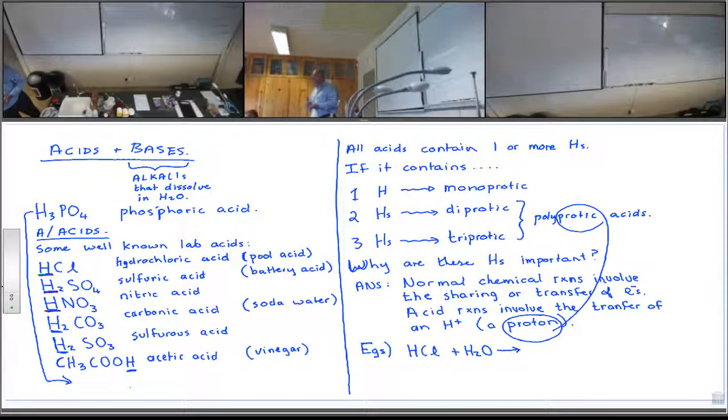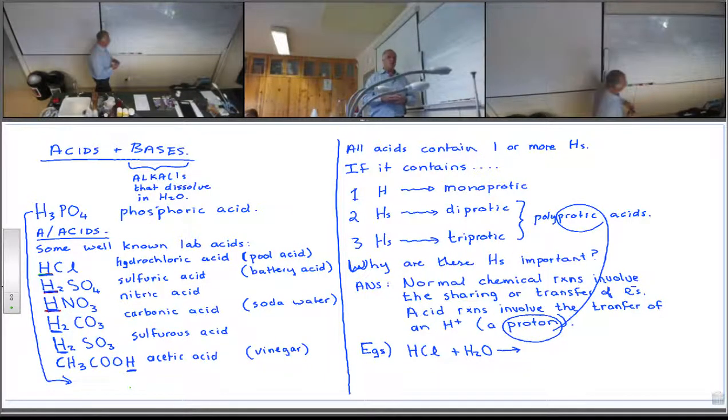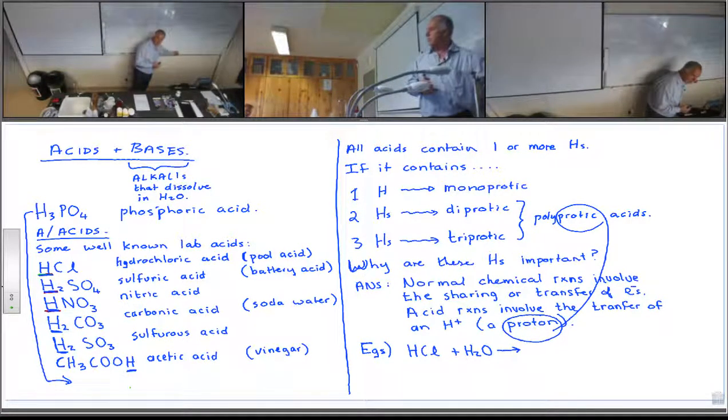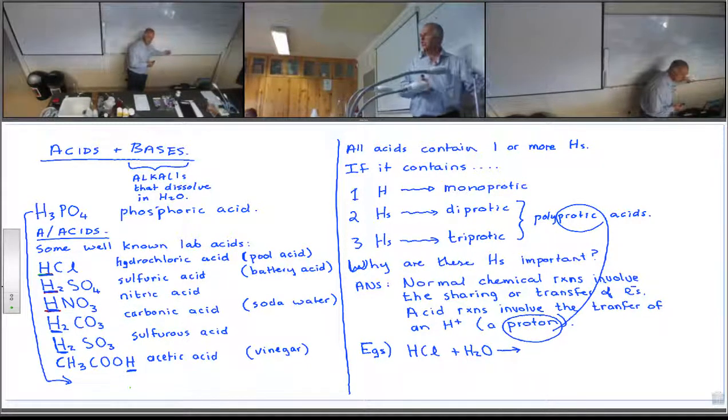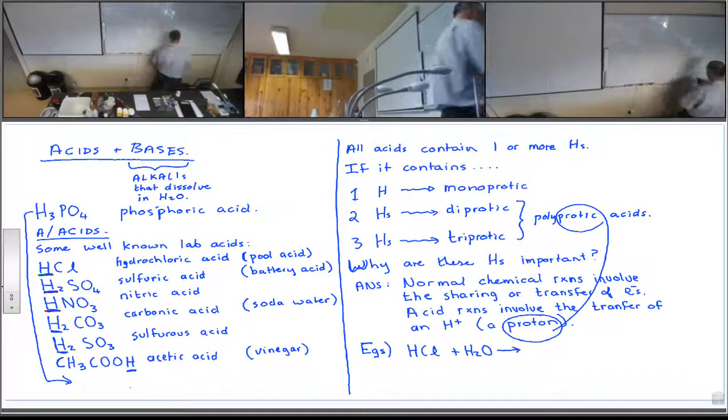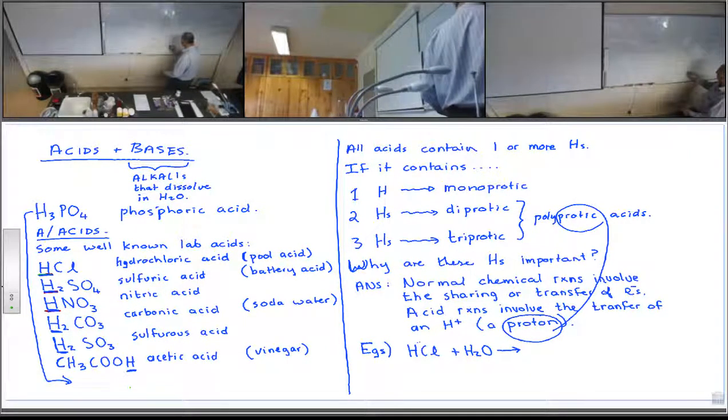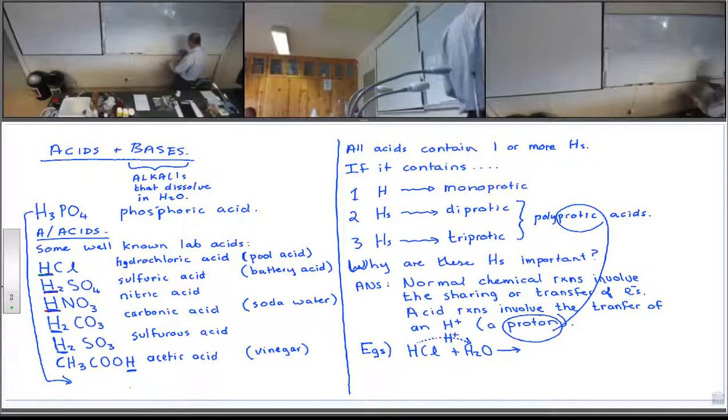Well, they've both got H. You'll find that water under certain circumstances can be an acid. But in this case, which one is the stronger acid? Obviously, HCl is a lot stronger than water. So this one will play the role of acid, and it will donate an H+. So an H+ will be transferred to water.